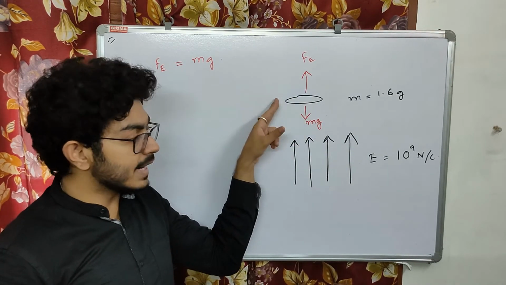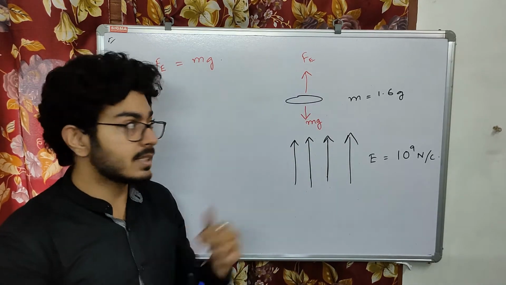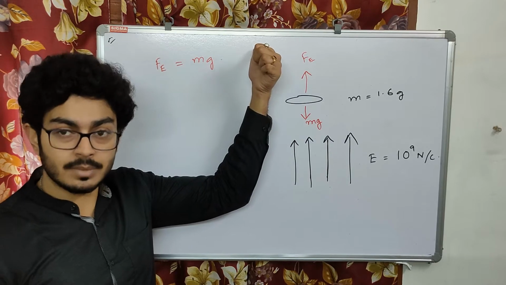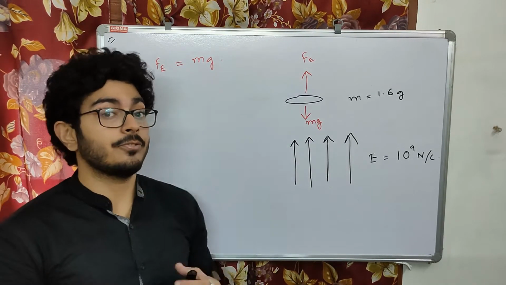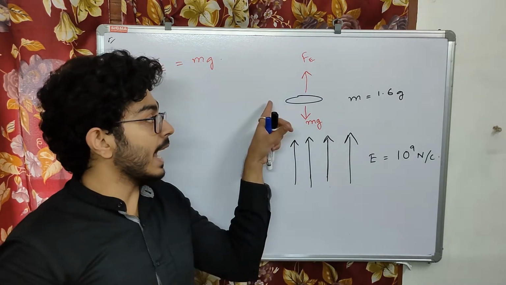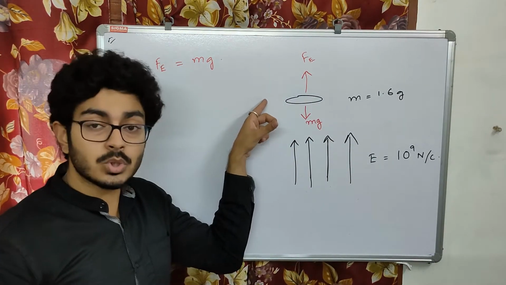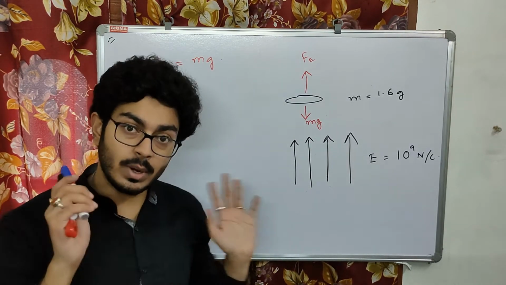If this gets a positive charge and the electric field is directed upward, that means this is going to experience an electrostatic force in the upward direction. If there had been negative charge present over here, the electrostatic force of attraction would be in this direction due to the electric field. Are you understanding?